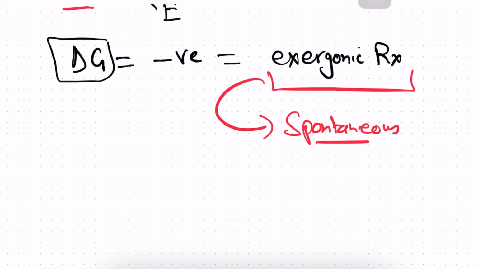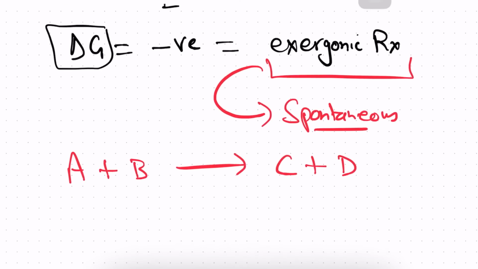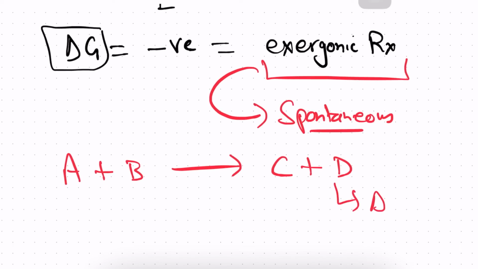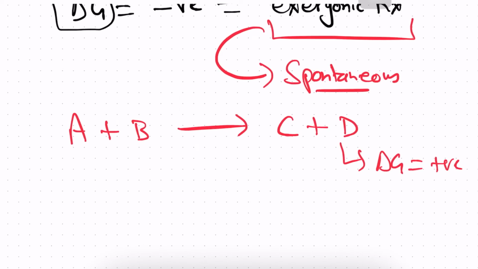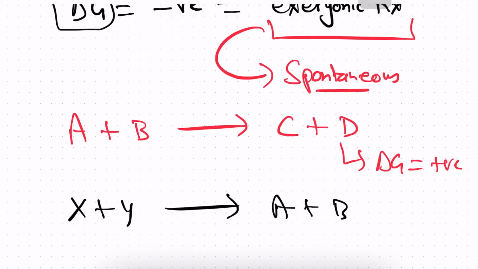Now, let us suppose A is going to react with B, and you see the formation of C and D. If you calculate the value of delta G and it comes out positive, then this reaction will not proceed in the forward direction. And let's suppose X plus Y reacts and forms, let's say, A plus B, you can take anything.